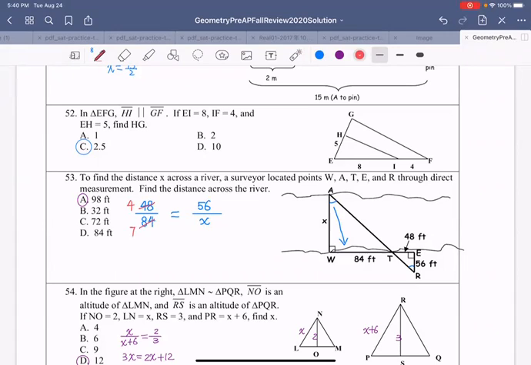Next, you can divide the top by 4. Then do cross multiplication. Yes, that's very good. Simplify again. Very good mental math. 14. There you go. And then x equals 92. 98.